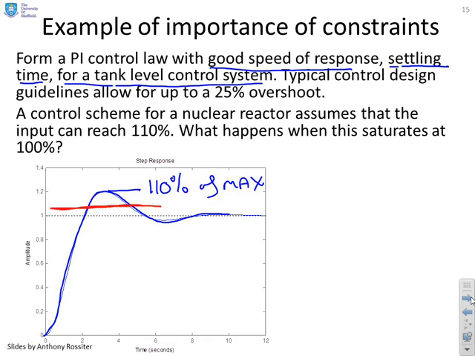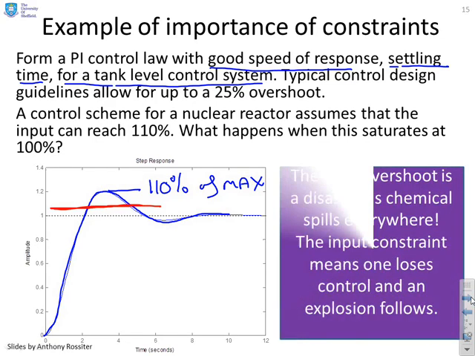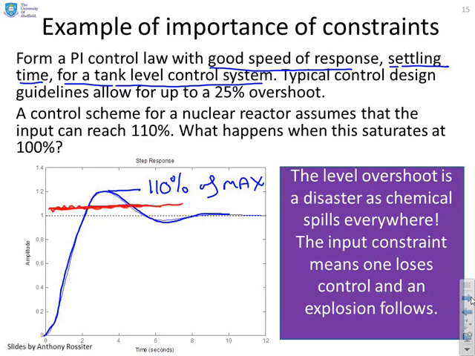You'll have a saturation, and what happens when this saturates if you've got a nuclear reactor or something of that nature? Okay, then you could have a disaster, because you could have chemical spilling over the tank. You could have the reactor that you can't cool down and it blows up. So you must include this constraint in the design of the strategy at the outset.